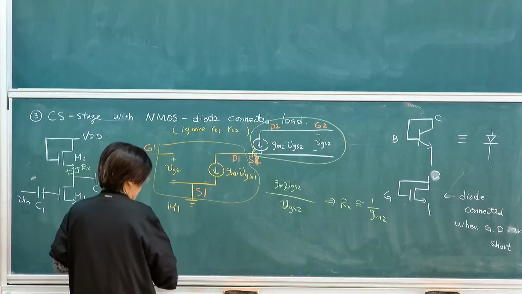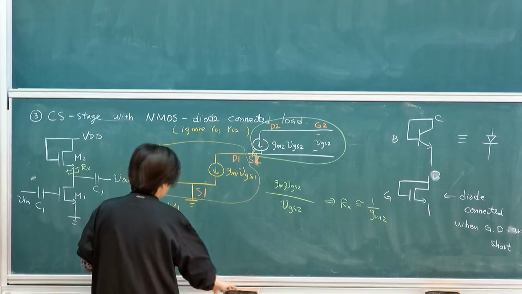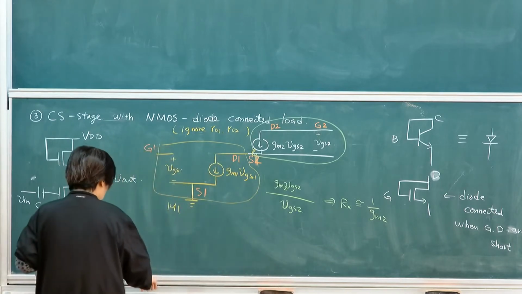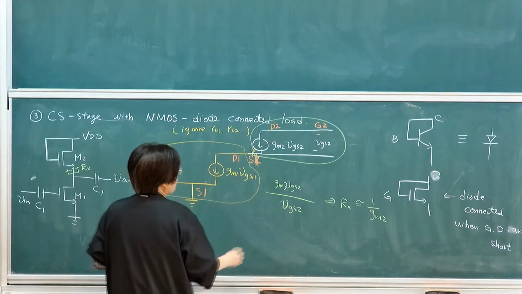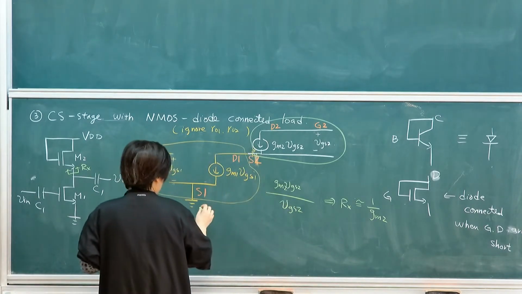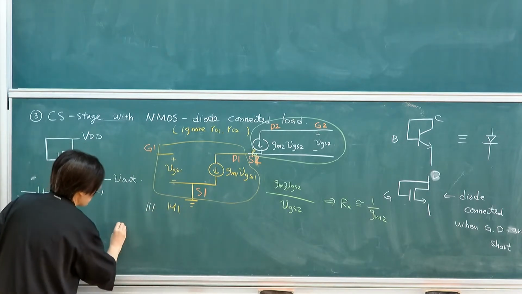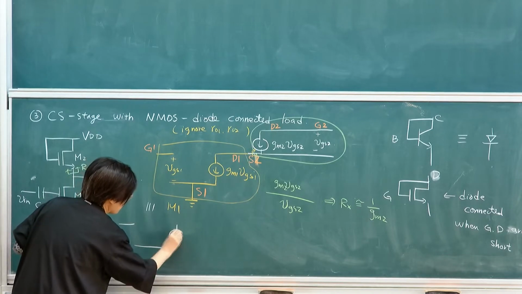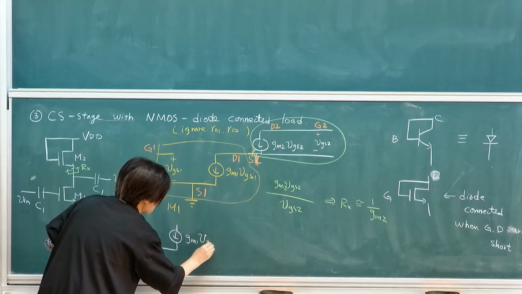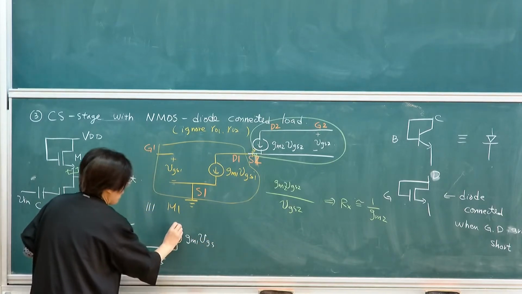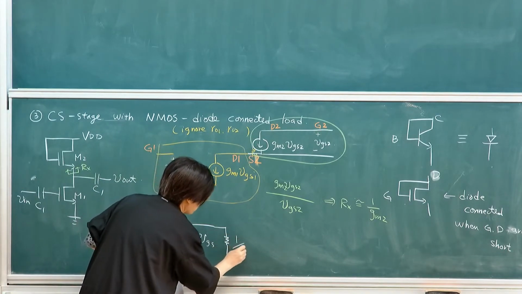So what happened is that you would then see something more like this. The effective resistance, because of the negative sign, I should add a negative sign, so that it will look effectively equivalent to, and when redrawing the circuit, it will look more like this, gm1 VGS. And whatever I'm looking into, it will be effectively equivalent to 1 over gm2.